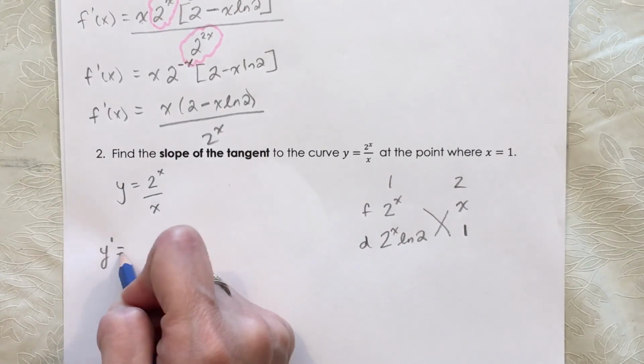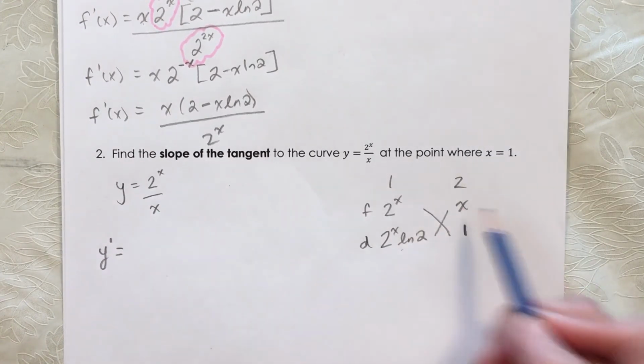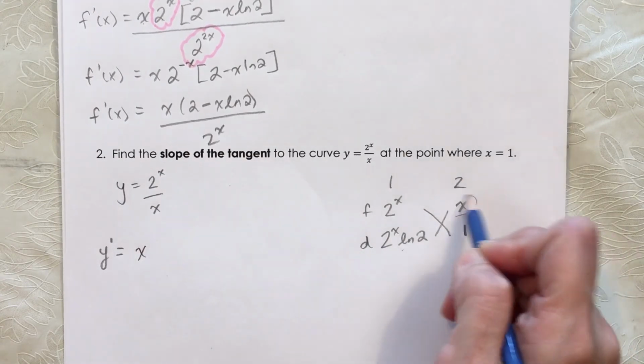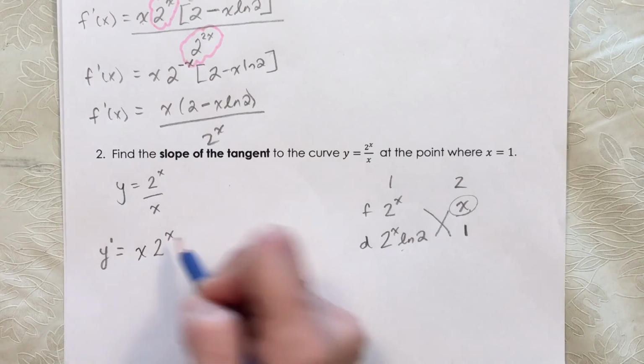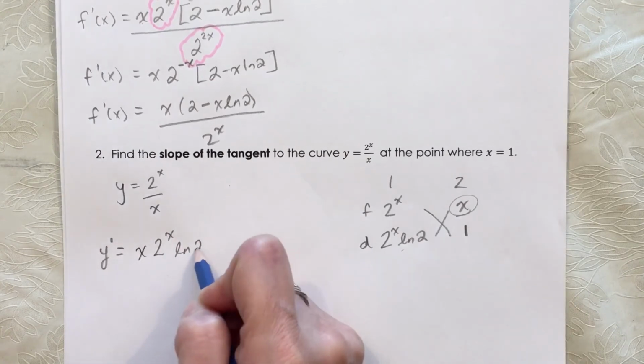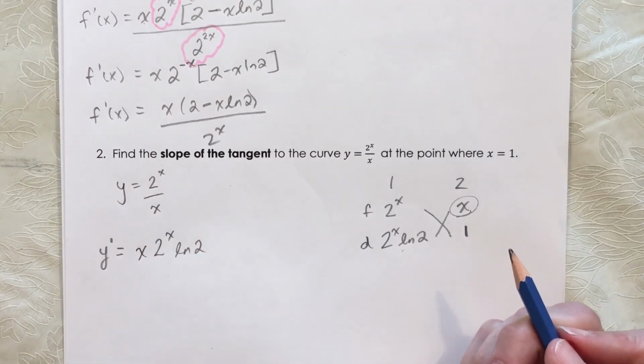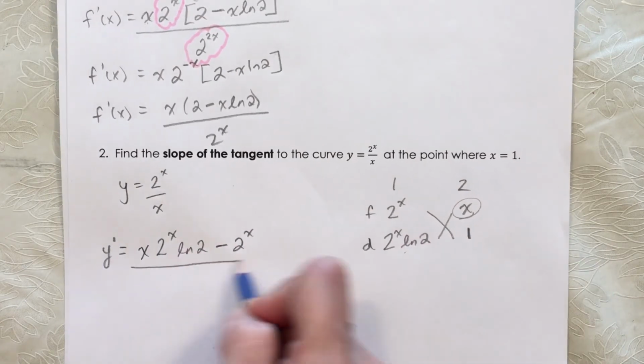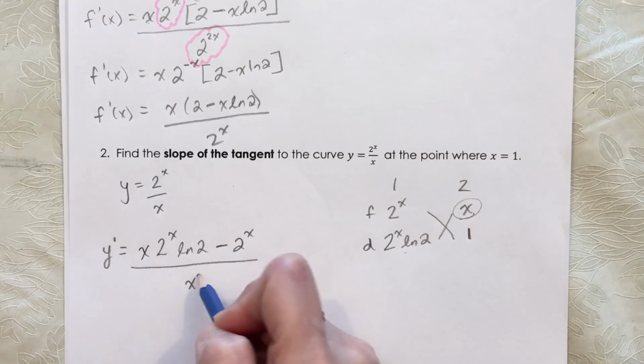So y prime is the derivative of the first times the second. So maybe I'll write the x first, then 2 to the x, ln of 2. There's a minus with the quotient rule, minus 2 to the x times 1, which is just 2 to the x, all over the second squared.